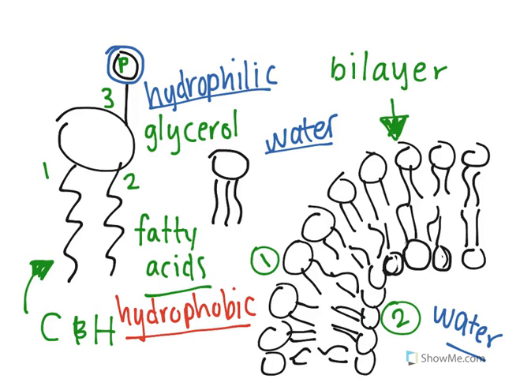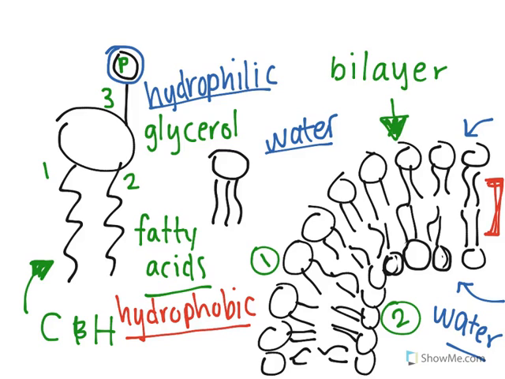So right in here, all of these tails are hydrophobic, and they are essentially being sandwiched in between the bread of hydrophilic parts, so these two, in order to escape having to touch the water.